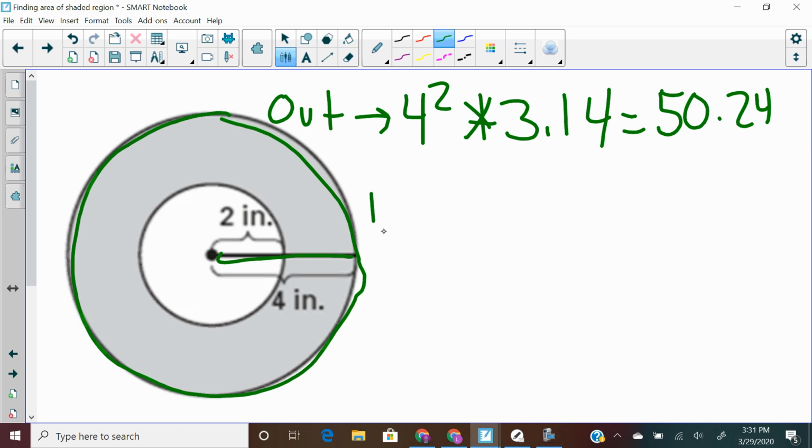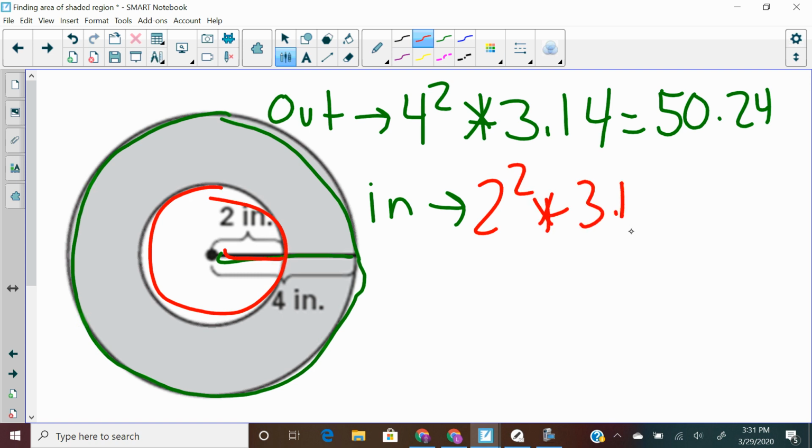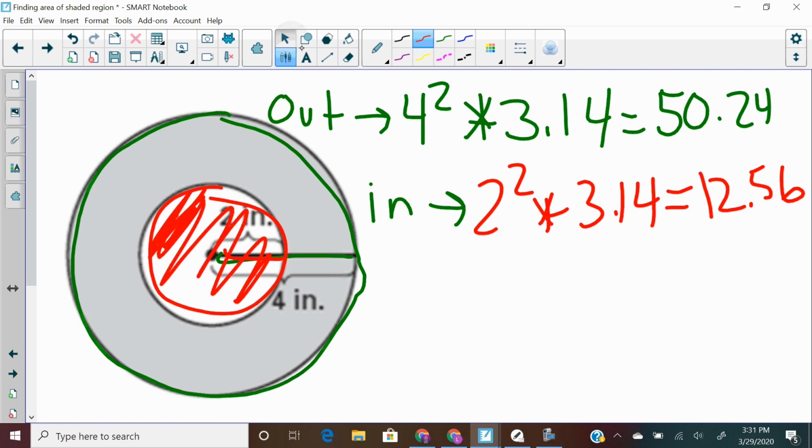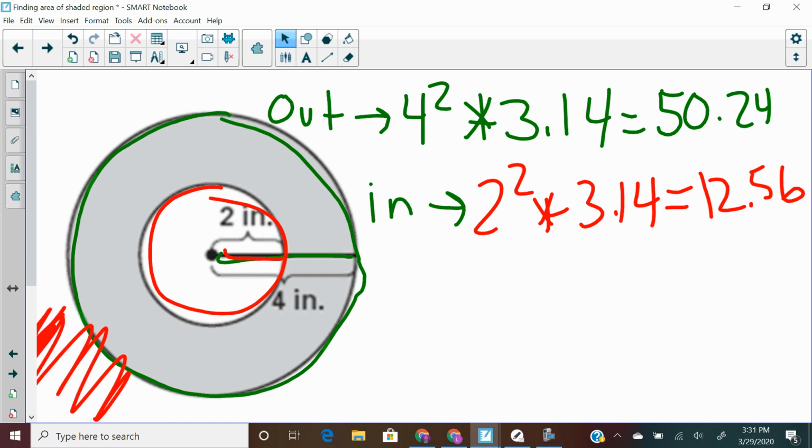Now we're going to find the area of the inside. It's a circle on the inside. The radius of the inside circle is 2 inches. So we're going to do 2 squared times 3.14, which is 12.56. I want to take the whole area of this circle out of my shape.